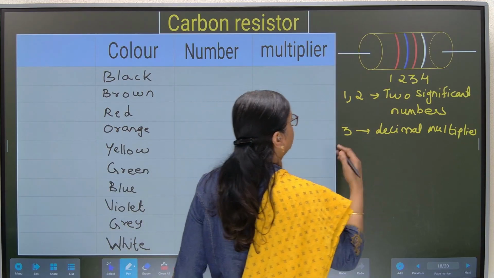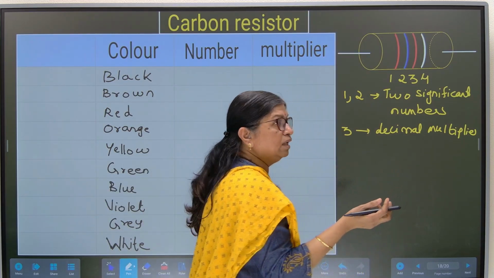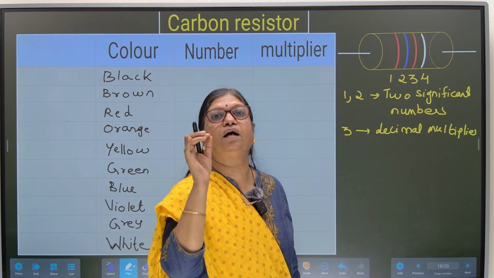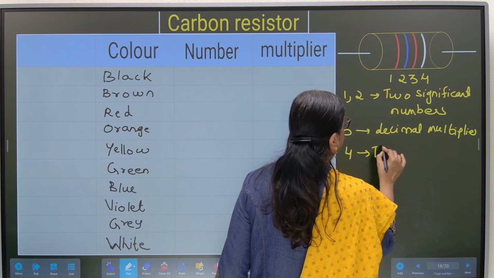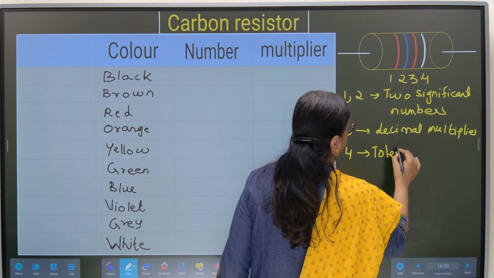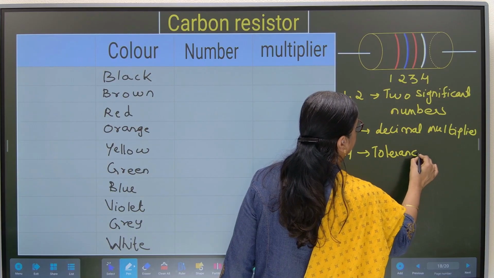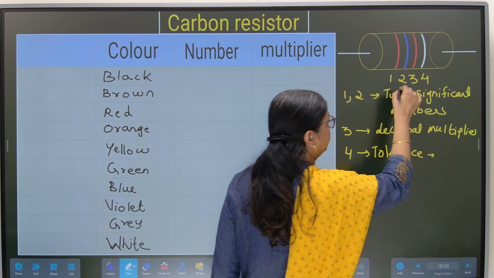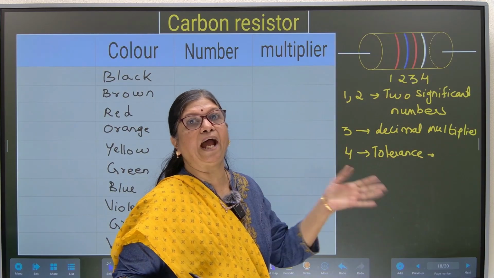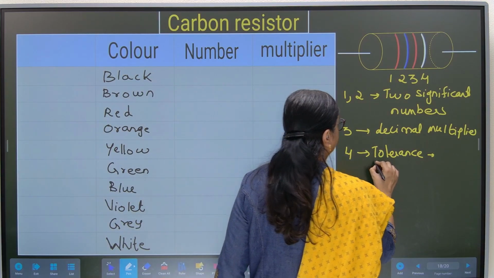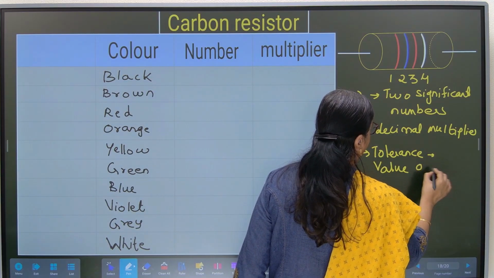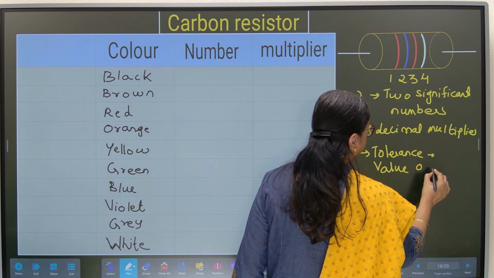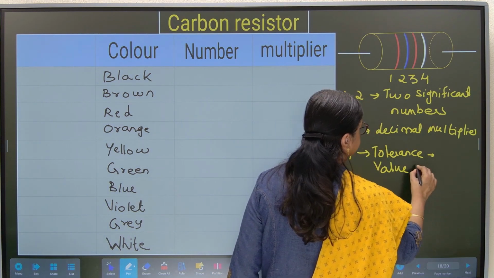If it is there, it indicates a tolerance, tolerance for the value indicated by the bands.